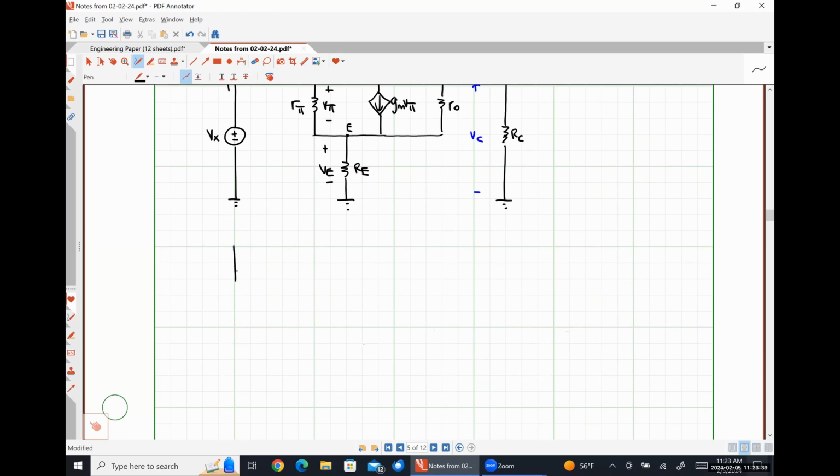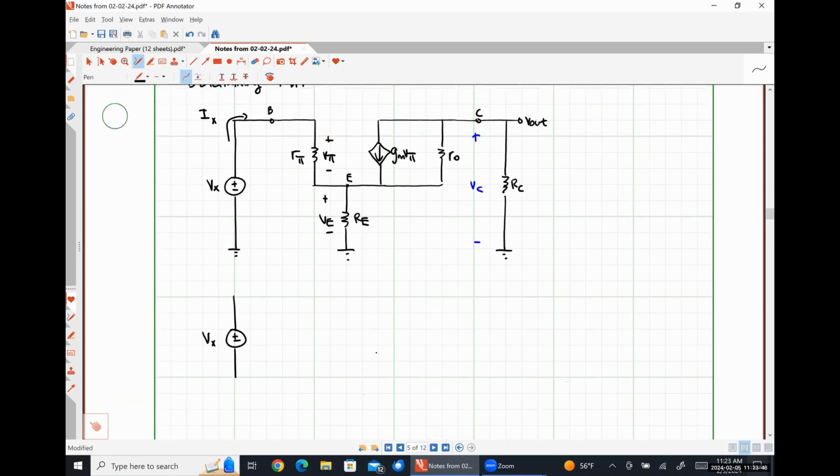So my voltage Vx remains completely unchanged. I'm going to put the resistance R pi up here. This is my voltage V pi.